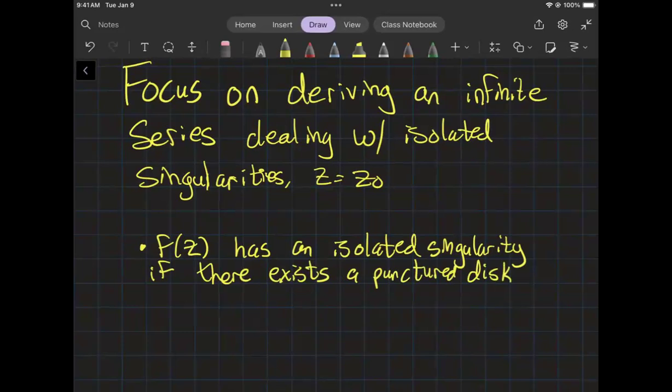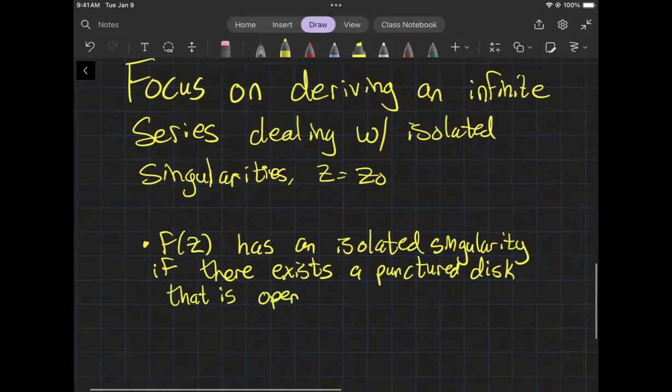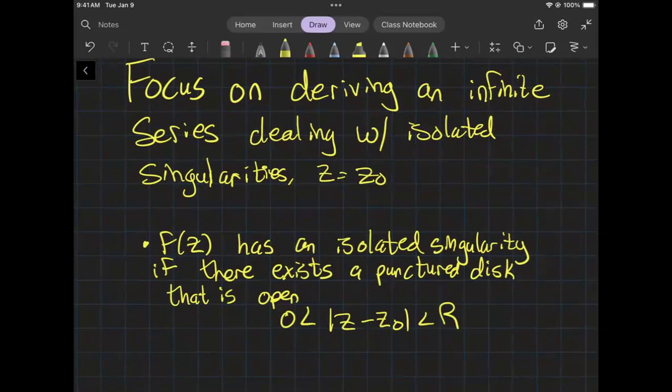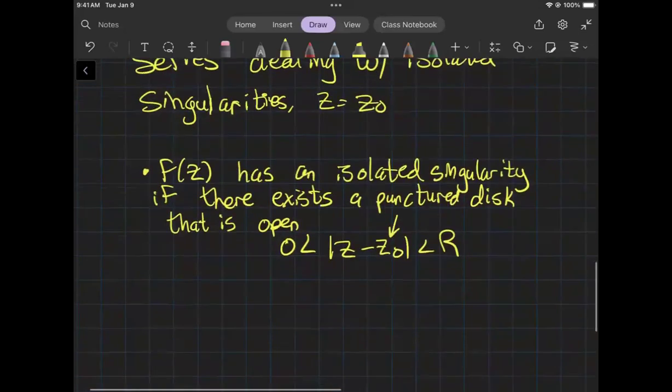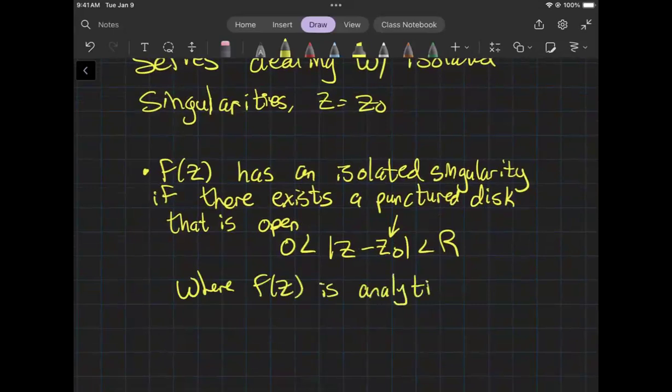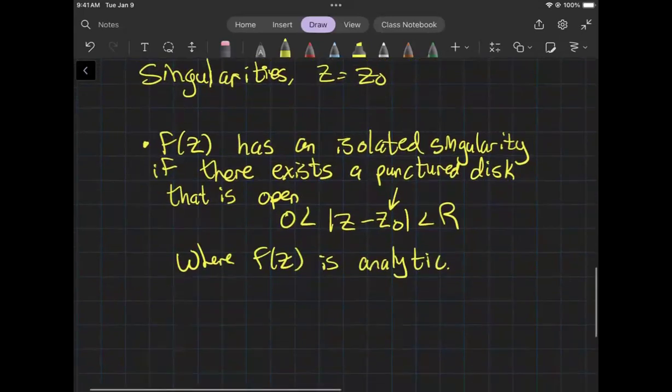So it's a punctured disk that is open, so it's not including the boundary. A punctured disk looks like this mathematically: z minus z naught, with absolute value positive and less than a radius, so you're not including the center of the disk, z naught. And this is where f of z is analytic.